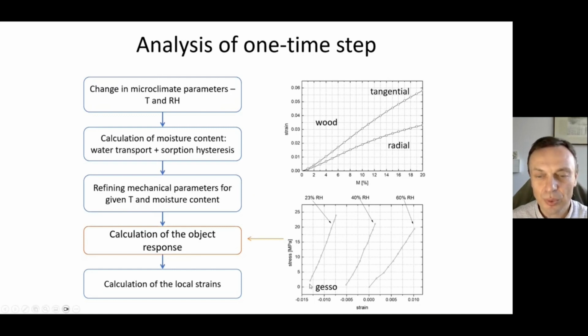This graph, in fact, shows the stress strain curves determined for the gesso when we apply the strain, and for various relative humidity, and the distance between these points corresponds to the dimensional change of the gesso when changing relative humidity from 23 to 40% of relative humidity.